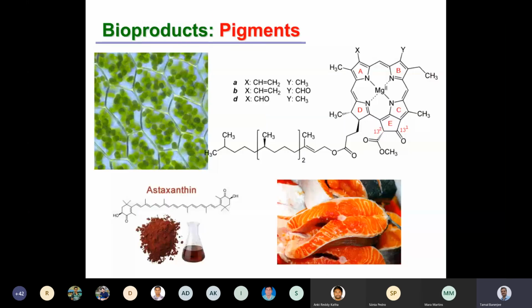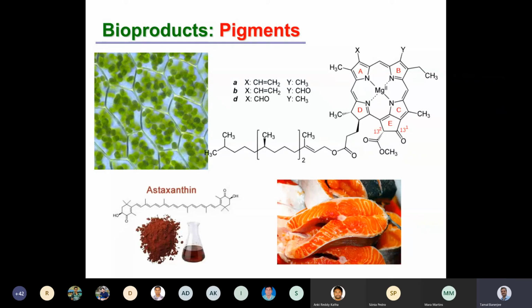Other bioproducts that are considered secondary metabolites are found in plants and animals in minor concentrations. So you have pigments, such as chlorophyll, right?